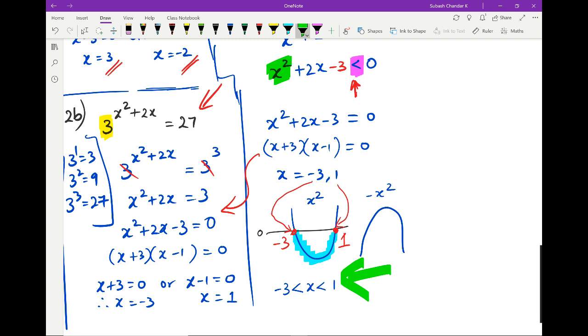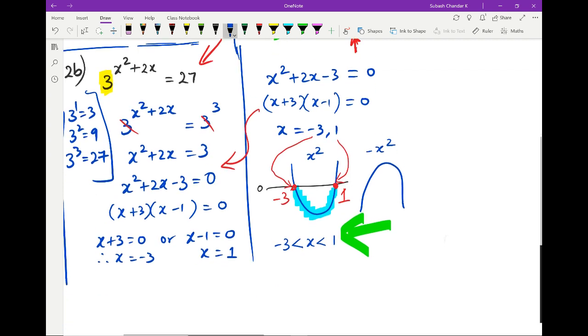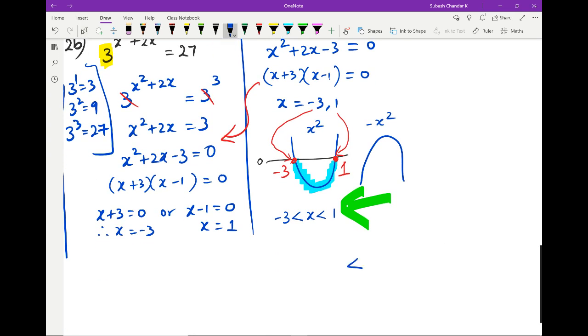Now, I have done some questions like this previously where you can go and have a look at it again. These are questions like, when is the parabola below the x-axis, or when is it always positive? Those kinds of questions. So for example, if they say, when is it below the x-axis, you're looking for less than 0. So that's below the x-axis.